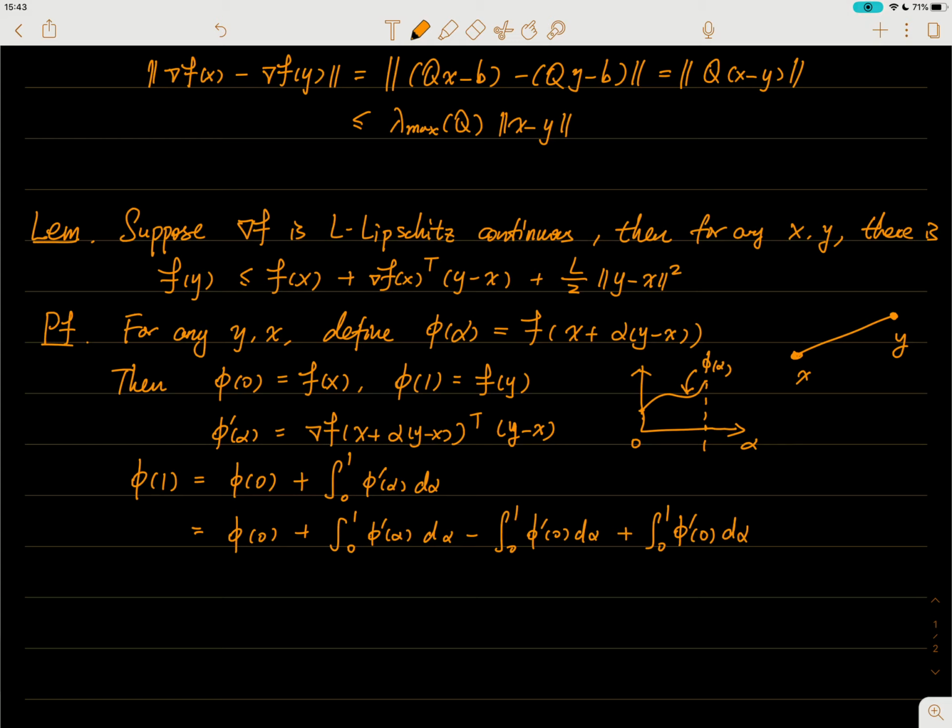Okay, so these are actually just two constants. You take the integral of a constant, it's just the length of the interval, which is 1, times this constant. So this is nothing but phi prime of 0. This is also phi prime of 0. So I'm going to move the last phi prime of 0 back to here.